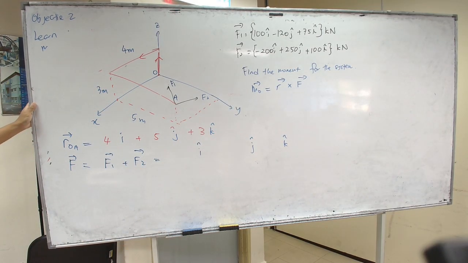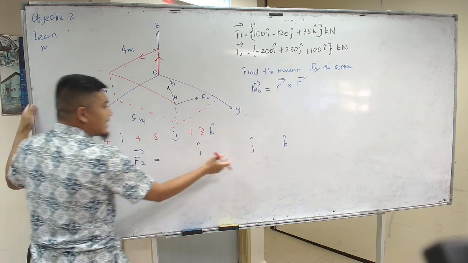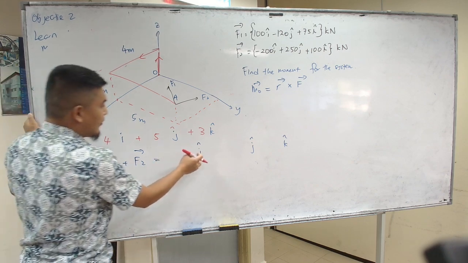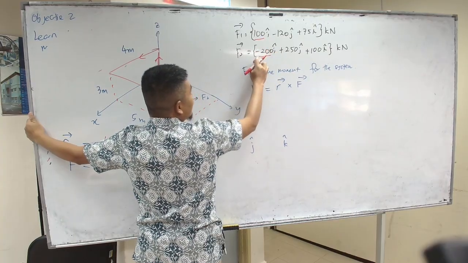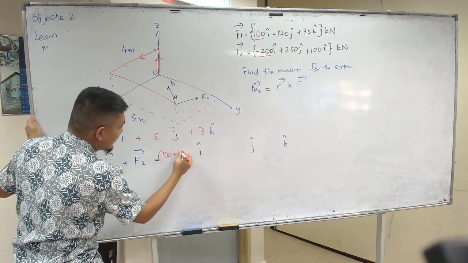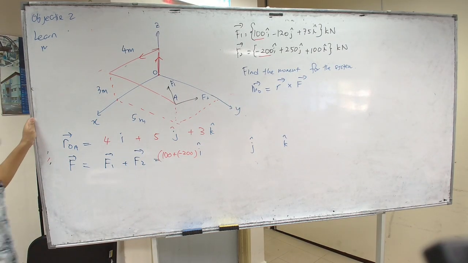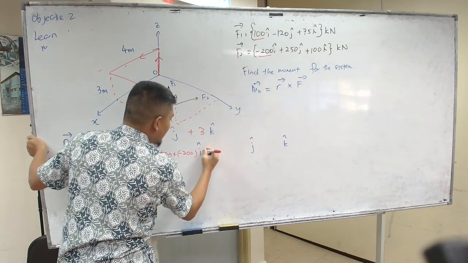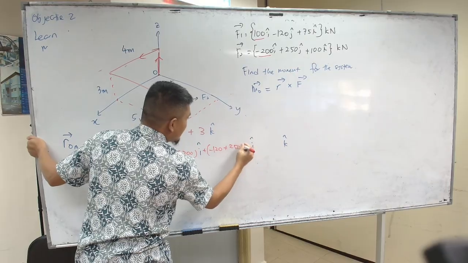Okay. And then for the force itself, you need to find it in I, J, and K. So now F1 plus F2. For the I component, F1 and F2 is 100 plus negative 200. For the J component, plus 120 plus 250.